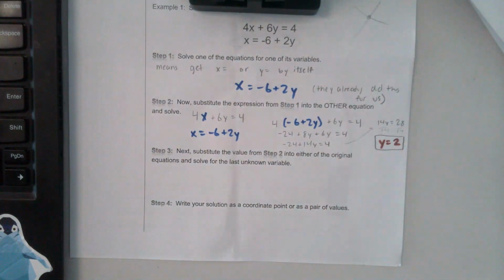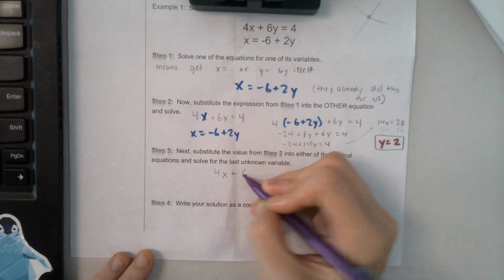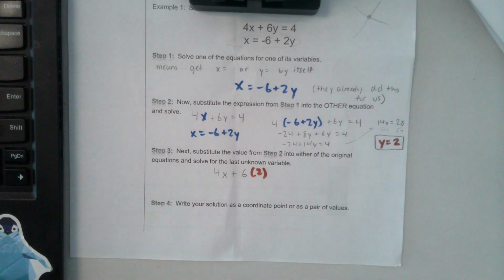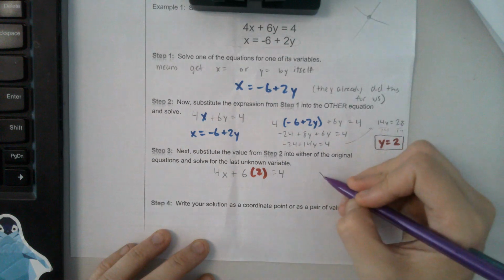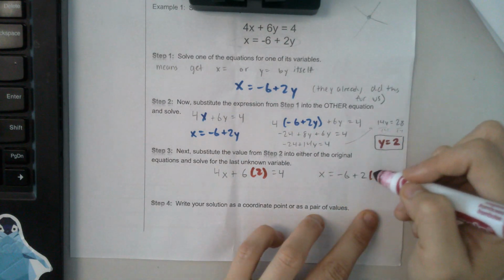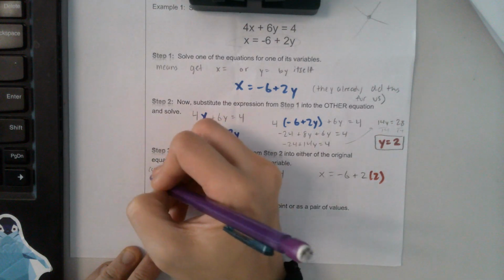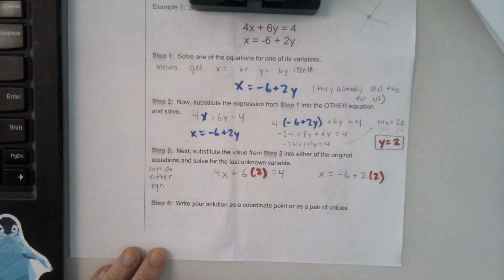So if we're going to color code it, we have 4x plus 6 times 2 equals 4. And you could do either equation. So I'll do the other one too. x equals -6 plus 2. You can do either equation.